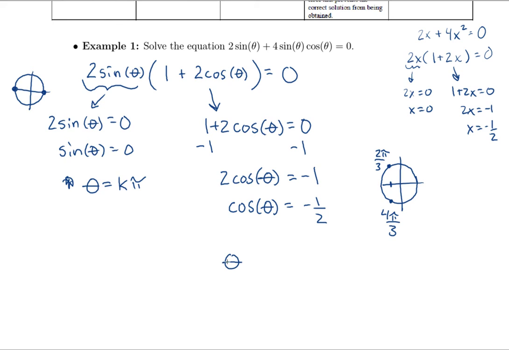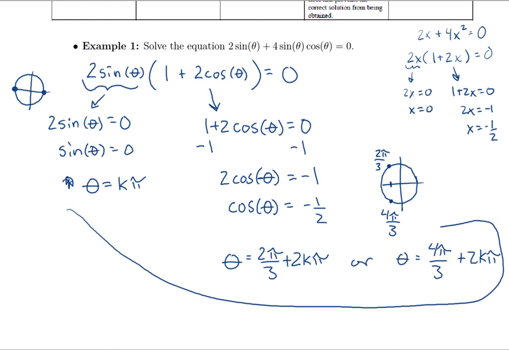So I see that theta could equal 2 pi over 3, of course, plus 2k pi, multiples of 2 pi, or theta could equal 4 pi over 3 plus 2k pi. And so putting all of these together yields my entire solution set. Okay, so theta could be lots of things in this equation in order to make the left and right sides equal to each other.